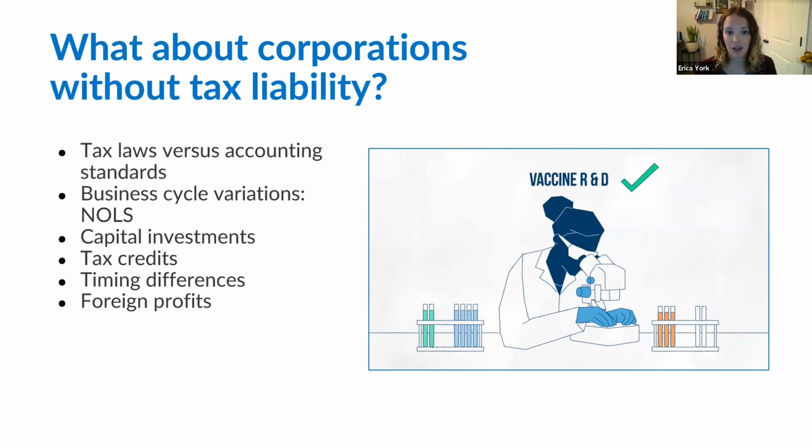That might seem shocking, but the reality is a lot more mundane. Taxable profits or losses are determined by tax laws, while book profits or losses are determined by accounting standards. So really, we're talking about apples and oranges, two completely different systems that have really good reasons for having different rules.